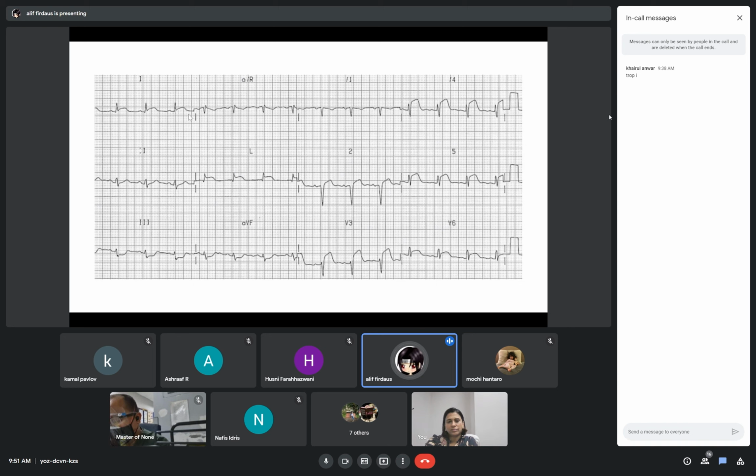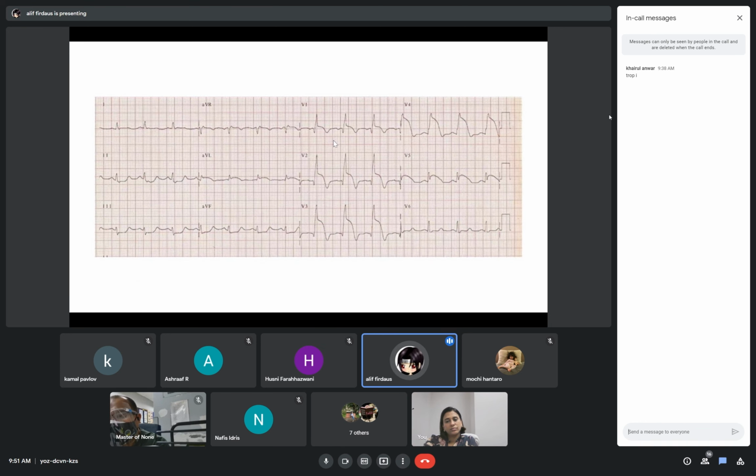Lead 1, AVL, V2, V6, we can see obviously the ST segment is elevated. So this is an extensive anterolateral MI. And also from this ECG, we can see the reciprocal changes in lead 3 and lead AVF. The ST segment is depressed.